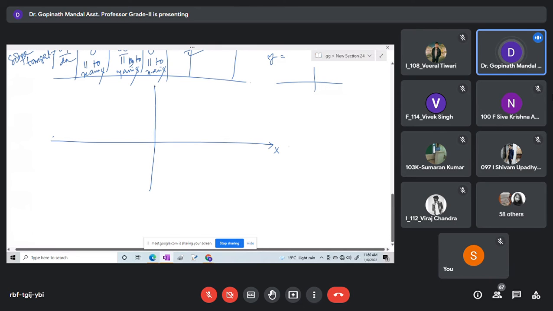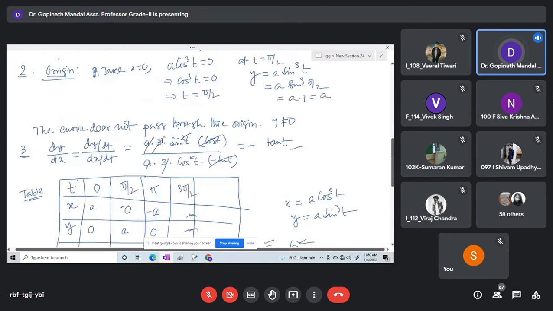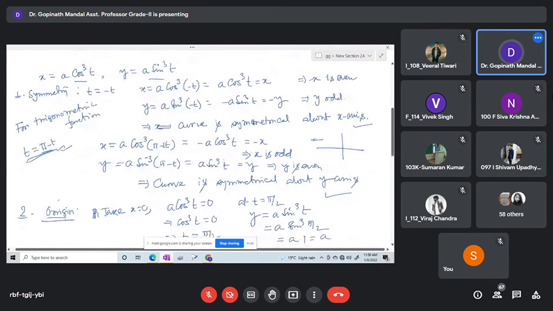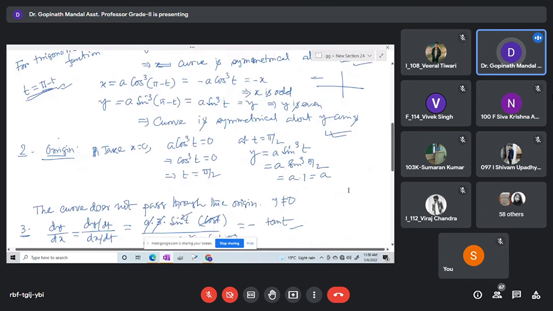X axis, y axis. The curve is symmetric about x axis and y axis, and the curve does not pass through the origin.